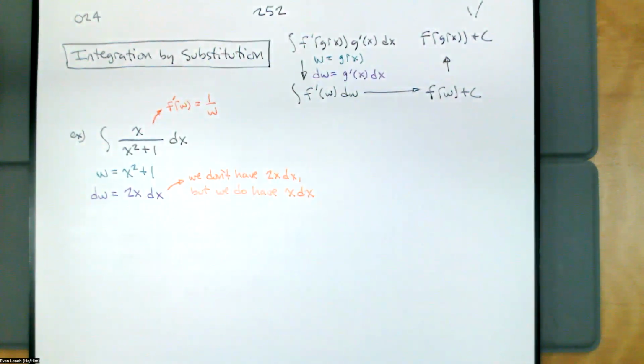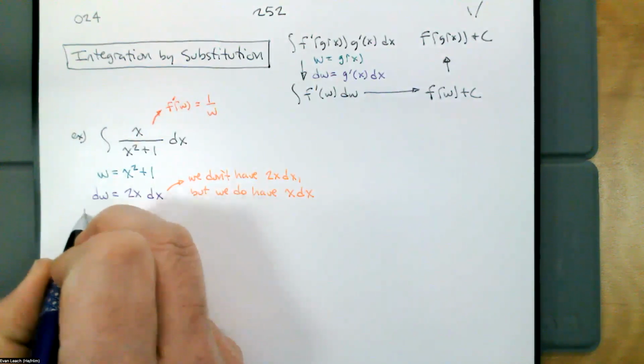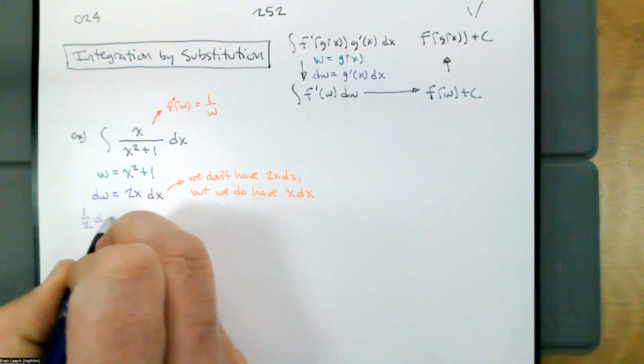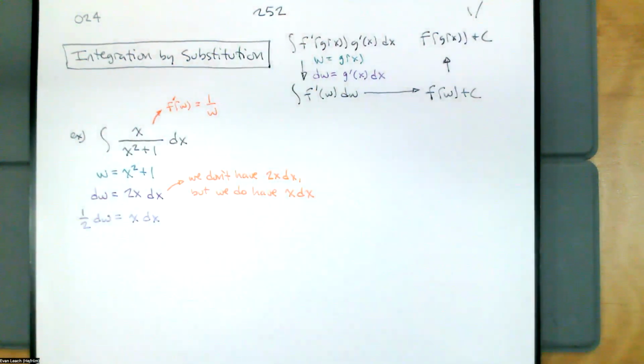So our original integral does not have a 2x dx, but it does have an x dx. So we have half of a dw. That is to say, our dw can be off by a constant factor.